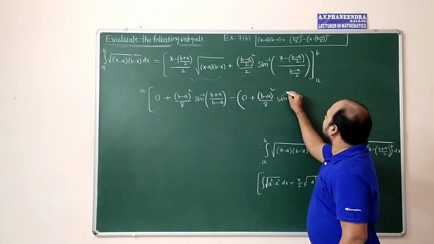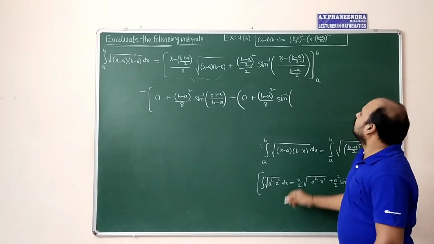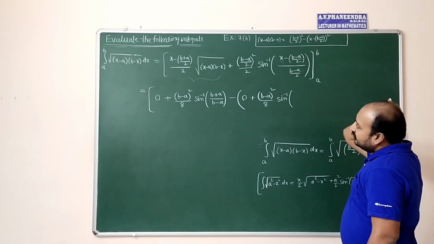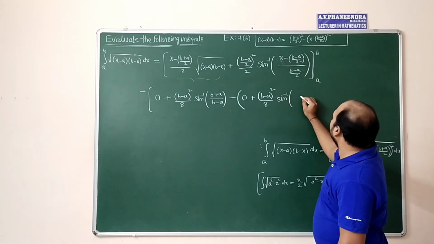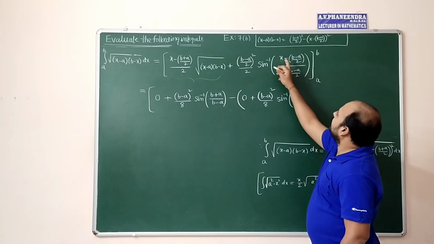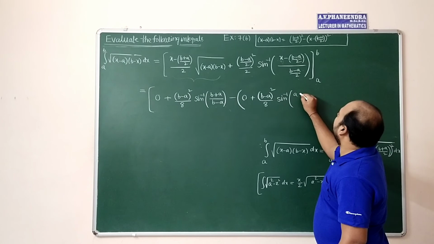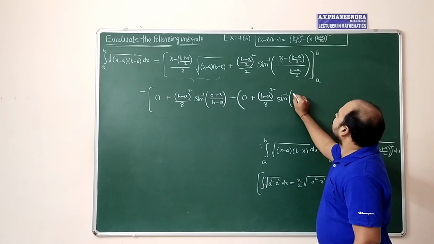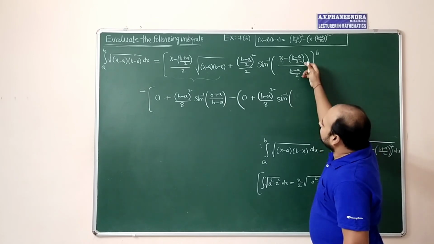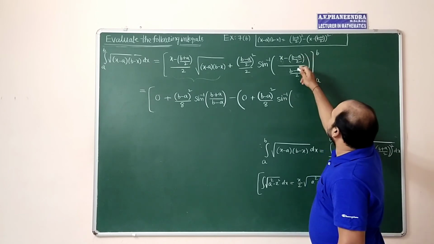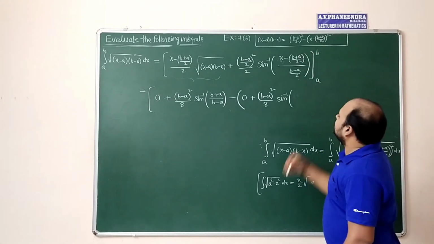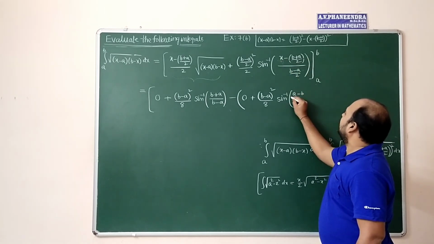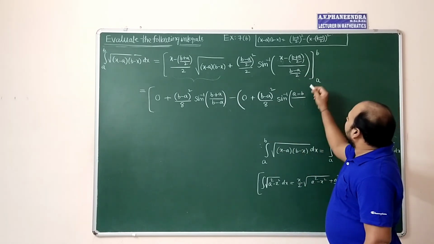Sine inverse of 2a minus (b plus a). Sorry, here b plus a is there, no? I forgot. 2a minus a is a minus b, divided by, here 2 get cancelled, b minus a.